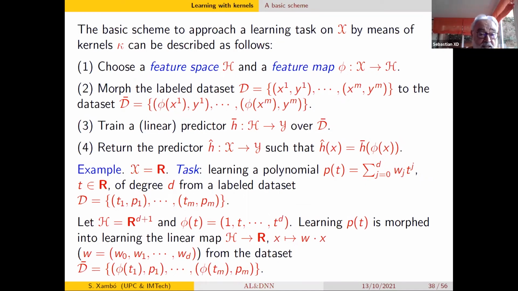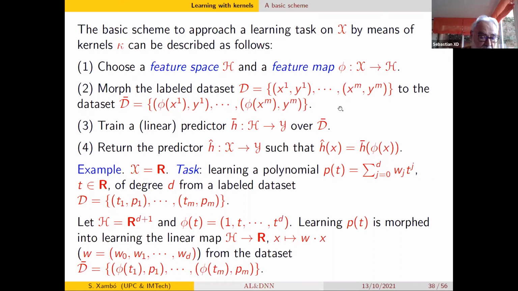Now, this data set can be trained like in the support vector machine that we explained in the first session. You can train a linear predictor H bar from H to Y, where Y is the set where the labels belong.